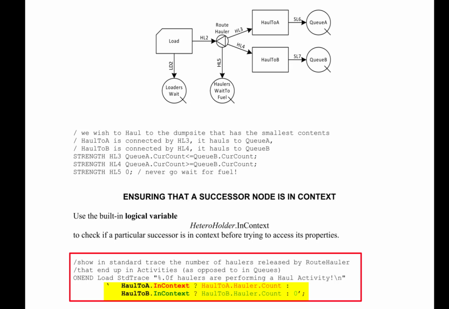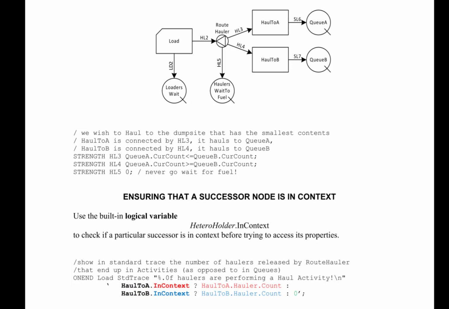If activity hold2a is not in context, then the if statement checks to see if activity hold2b is in context. If it is, then it returns the number of holders that are inside the instance of hold2b. Otherwise, it returns the value 0. The value 0 is returned when neither hold2a nor hold2b have an instance at the current simulation time.